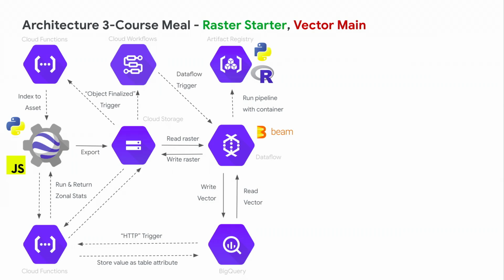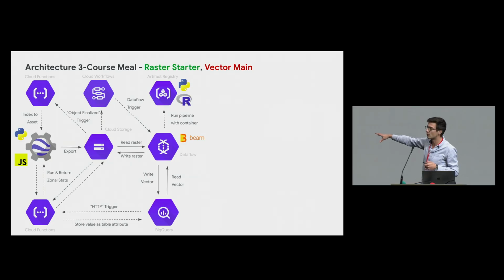An important component, top left, is the heavy lifting of the raster processing, like I said, out to Earth Engine, indexing back with cloud functions, probably something that some of you are already doing. Then for the heavier processes, Cloud Workflows and Dataflow, using the high volume APIs, also presented in some of the sessions. Then from Dataflow to BigQuery to store these plot level objects.